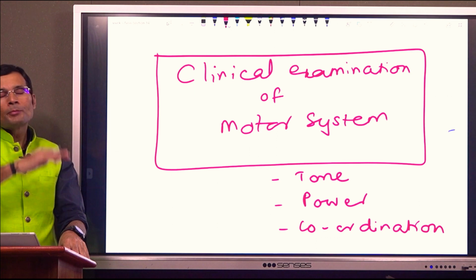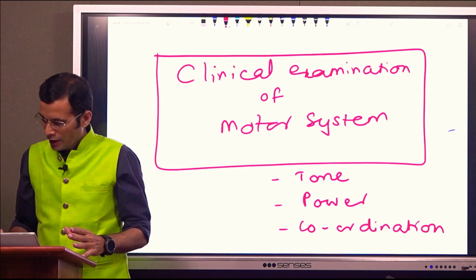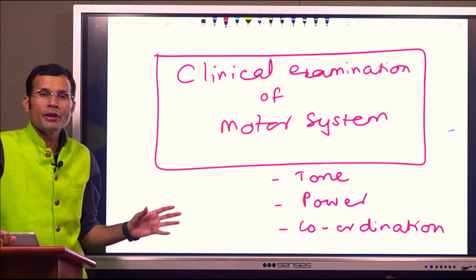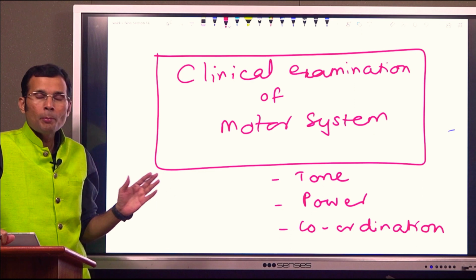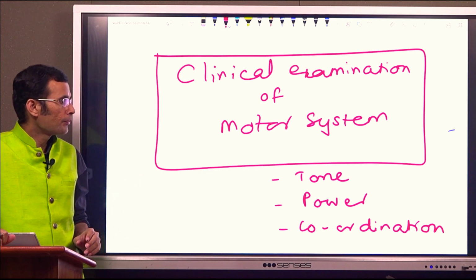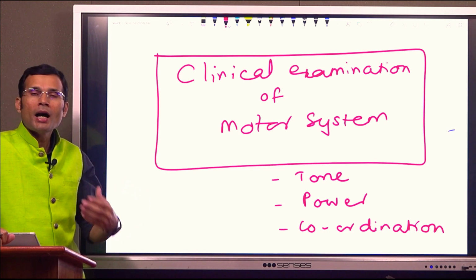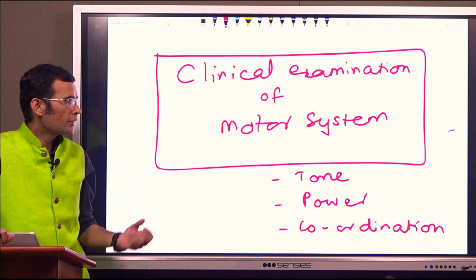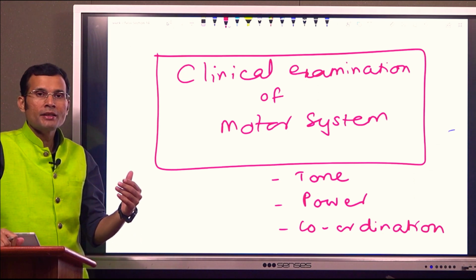So, motor system examination. Basically, I'm going to take three parts: tone, power, and coordination. These three aspects of the motor system, how to examine these three components, what is the theoretical basis, and what happens in the disease process.